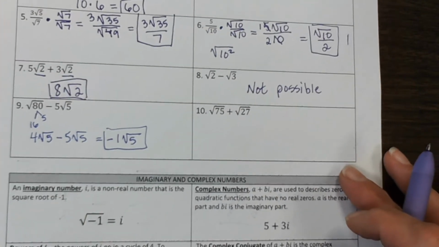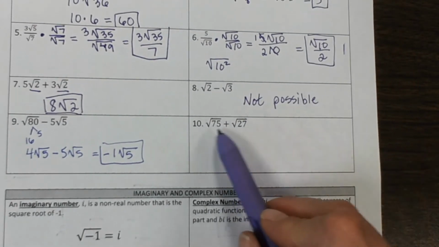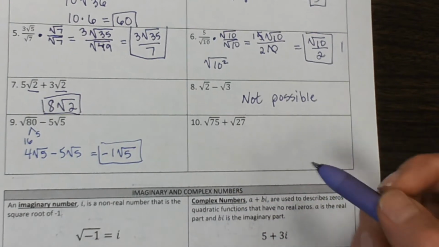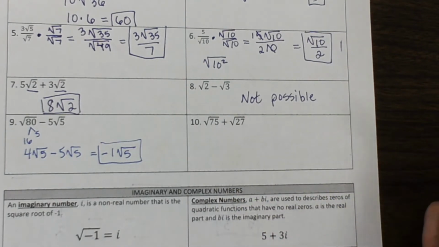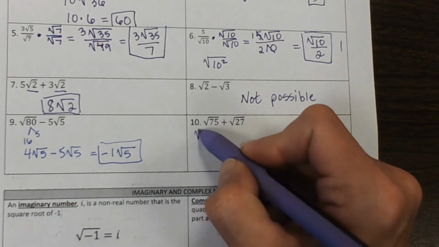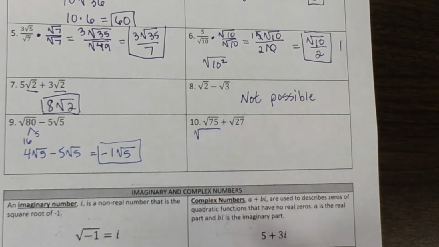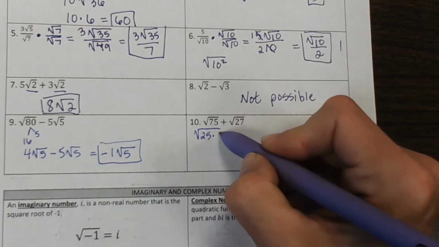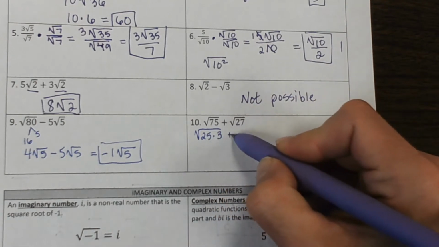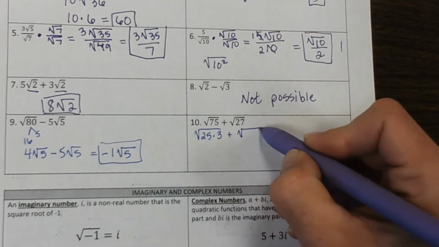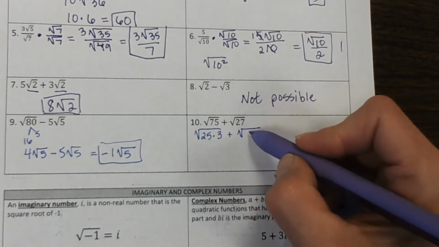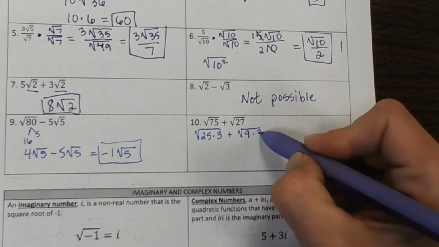Okay, same thing with our number 10. Again, we look at it and say these aren't the same radicand, but we would want to see if we could simplify. So again, I'm going to show it a different way. I know that 75 could be split up into 25 and 3, and then I have plus 27, where the perfect square factor of 27 would be 9 times 3.